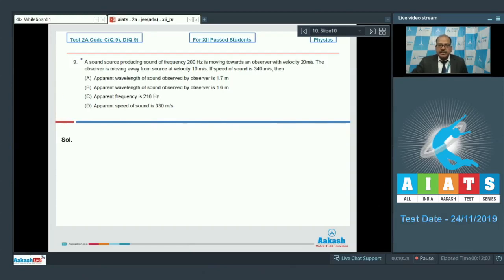Well, obviously the question is based on Doppler effect of sound. Let's evaluate the options now. The first is about apparent wavelength of sound. Now we know that the wavelength is changed by motion of the source.